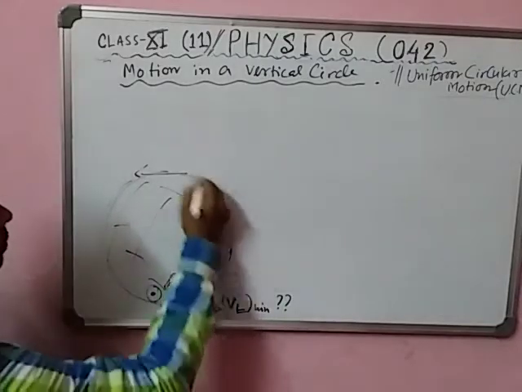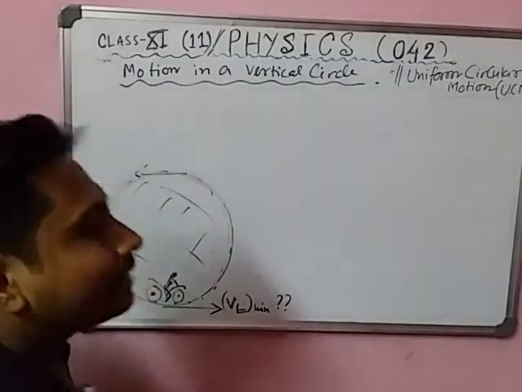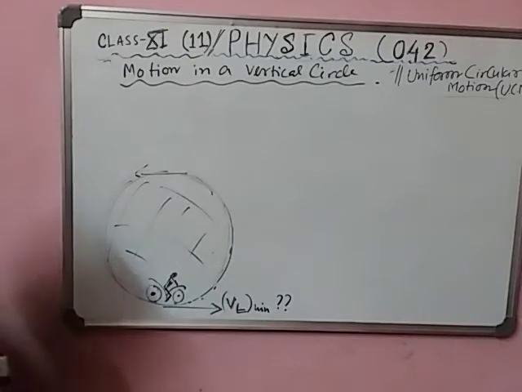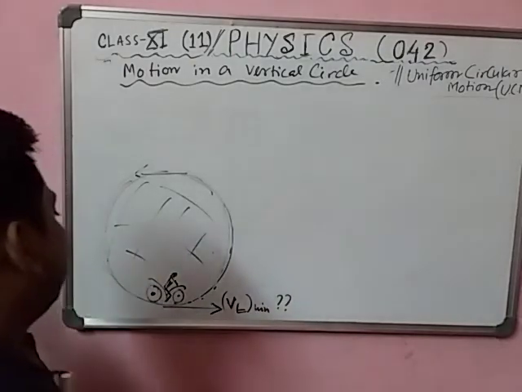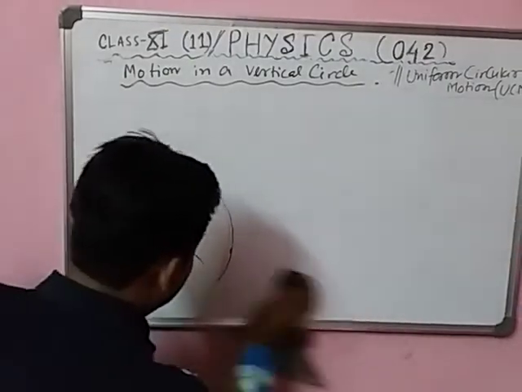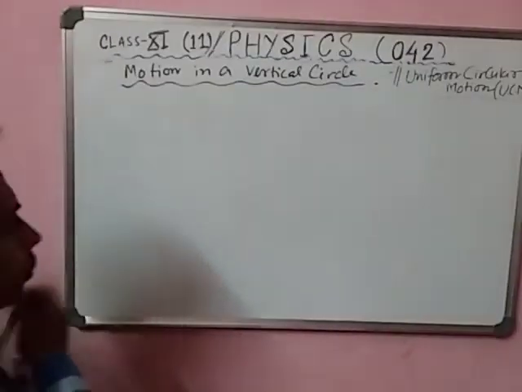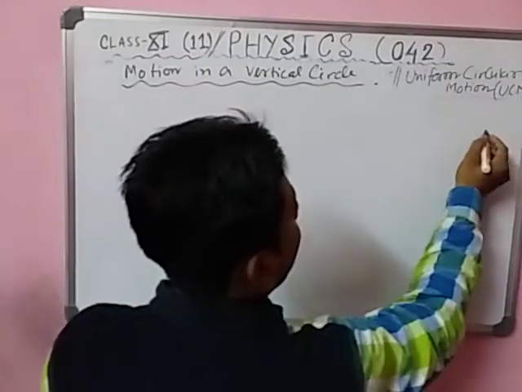This circular motion in a vertical plane is why it is called motion in a vertical circle.